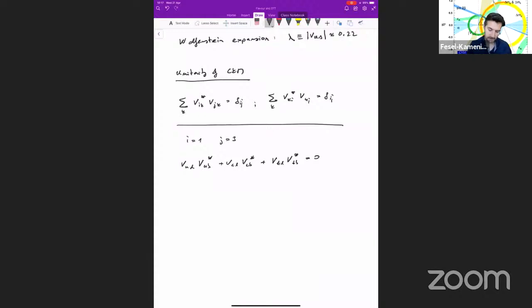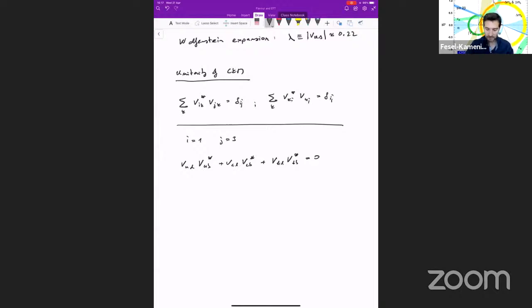So why is this particular choice of i equals 1 and j equals 3 interesting? It's because in this particular sum, all three terms, if written out in terms of the Wolfenstein expansion, turn out to be of the same order in lambda. So we have three quantities which are of the same order, and all three contribute with the same power in probing the relevant flavor parameters.